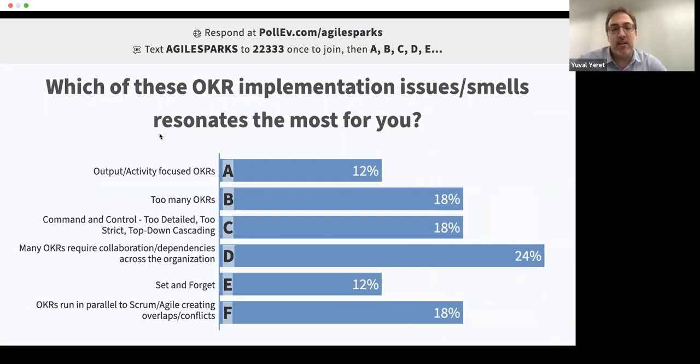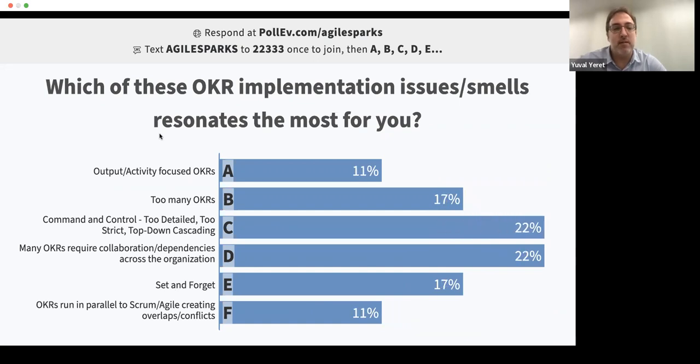So we're seeing quite an even spread of issues with collaboration across the organization, command and control, some scaling issues, getting a lot of votes here.